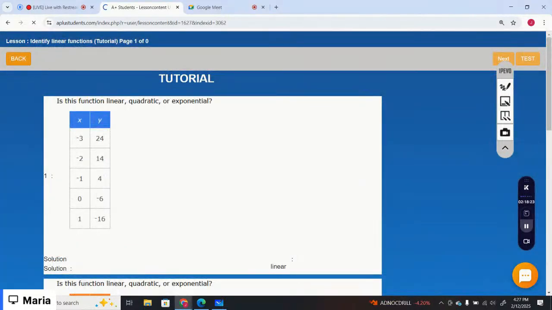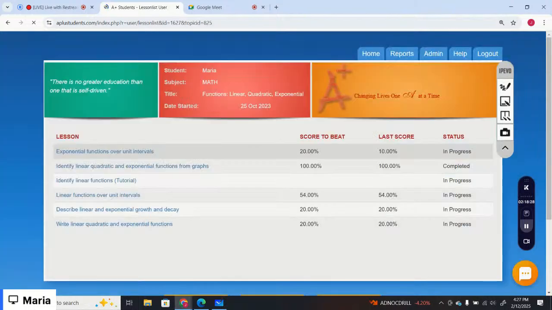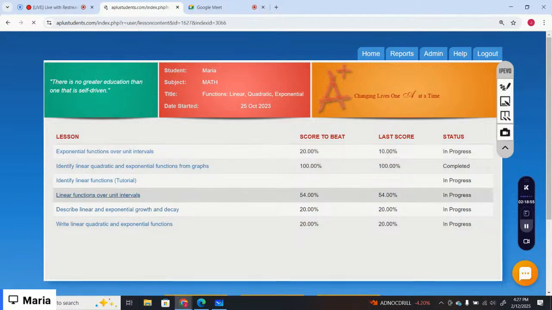Next lesson. The next lesson is linear functions over unit intervals.